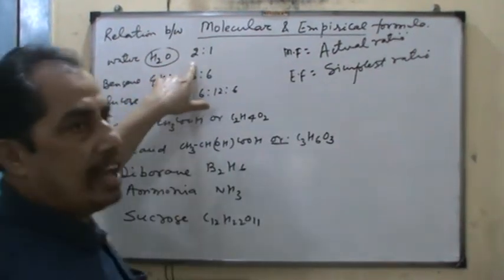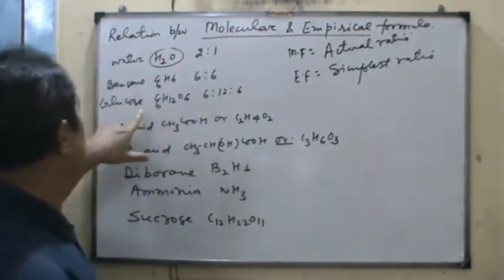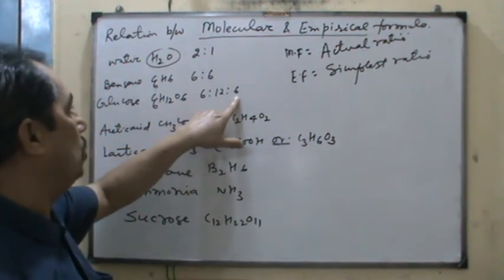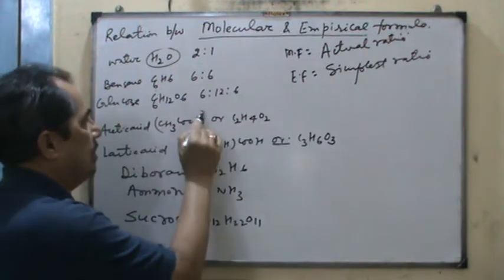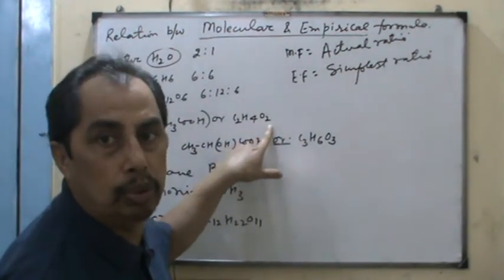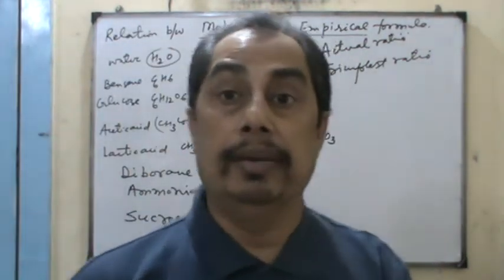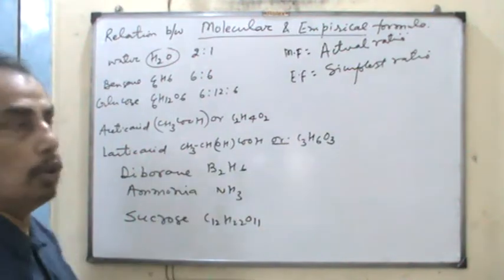H2O. What is the actual ratio of the hydrogen and oxygen? 2:1. Similarly in glucose, 6 carbon, 12 hydrogen and oxygen 6. Similarly in acetic acid, CH3COOH, make it short, C2H4O2. Lactic acid, C3H6O3, like diborane, B2H6, ammonia, and so on.